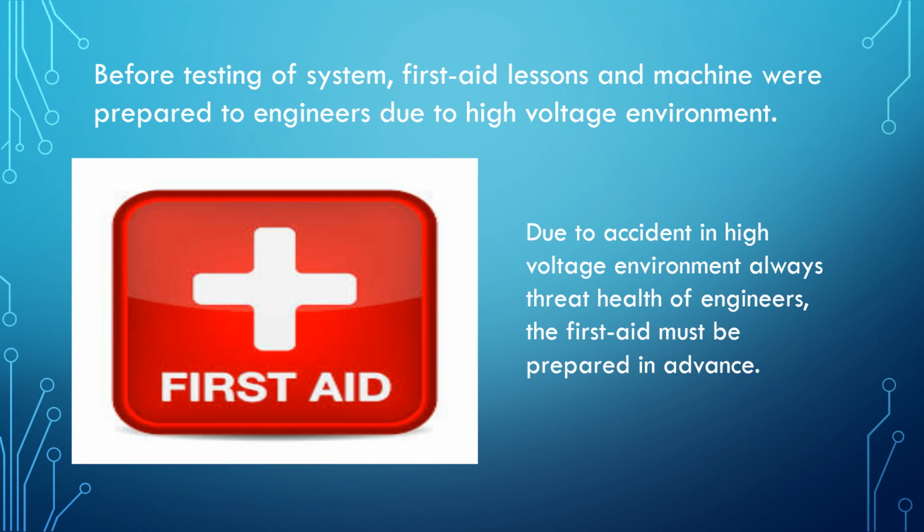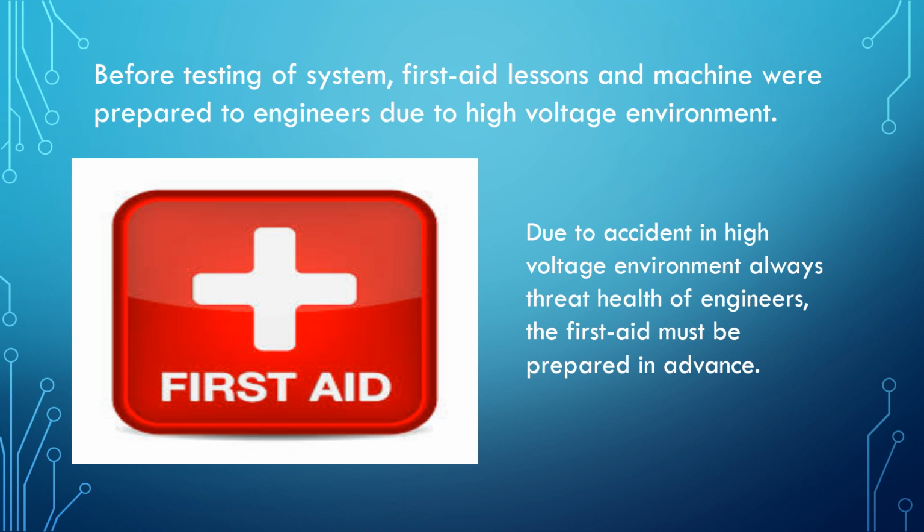Okay, next we have to do testing. Good testing means a good system. Before the testing of the system, first aid lessons and machines are prepared for engineers due to the high voltage environment.